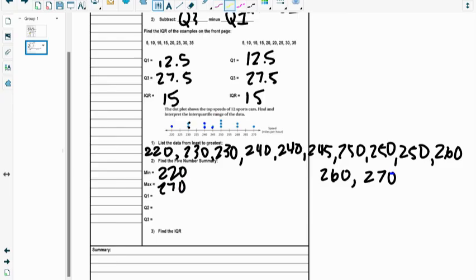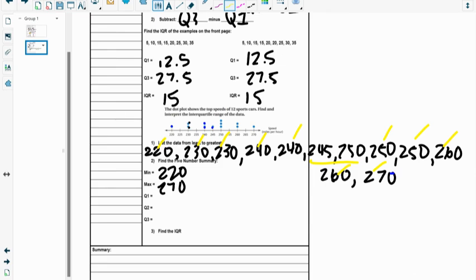Okay, we'd go through and find our median, crossing off one from the smallest, one from the biggest, till we get to the middle. Right now I've got 4 on each side, so I'm good. 5, 5, 2 numbers in the middle. On my calculator, I would add together 245 plus 250 divided by 2.